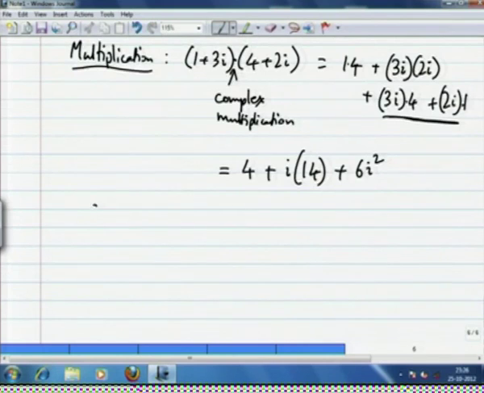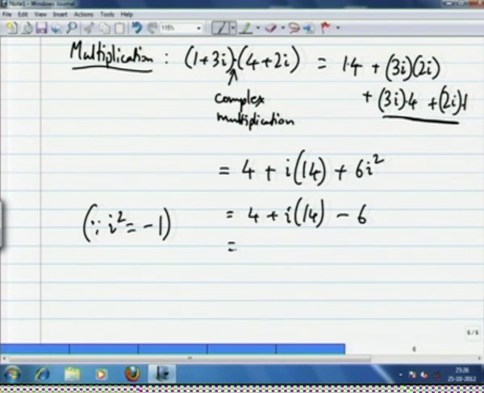But I was the entity which was the square root of minus 1. So, I squared should be minus 1. So, using I squared equals minus 1, since I squared is minus 1, we get 4 plus I times 14, and then substituting I squared as minus 1, we get minus 6 here. So, this should be minus 2 plus 14 I.